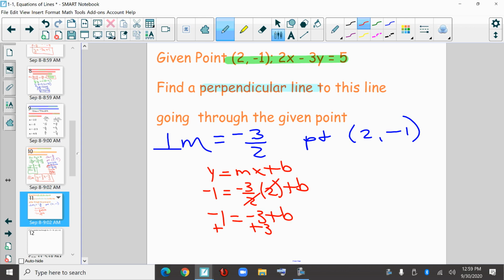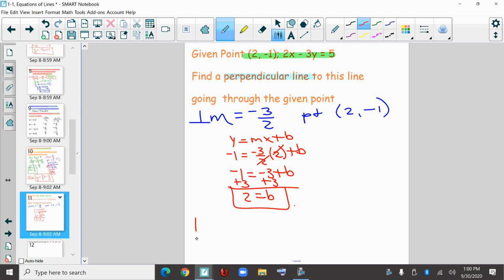Add the 3, and write the right number. 2 is equal to b. So my equation, my perpendicular line, is going to be y = -3/2 x + 2.